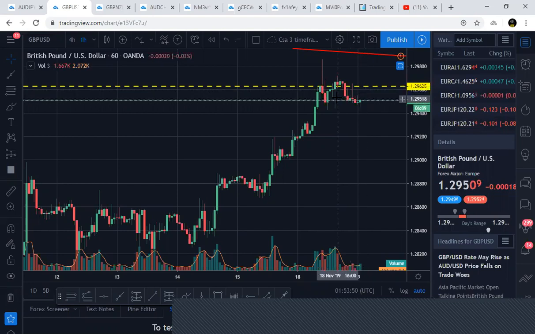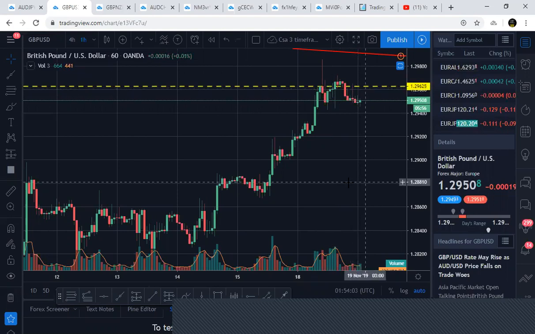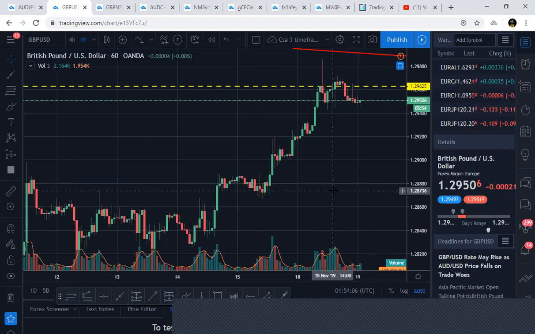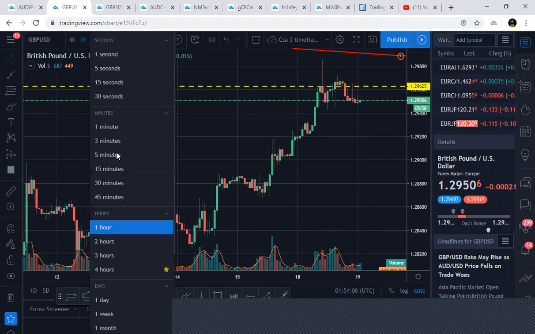Now, this was a push down and then it pushed up. So price was trying to go down and for some reason it pushed up. To me, this is more indication of downside action. We'll jump down one more time frame to see if we get any patterns.